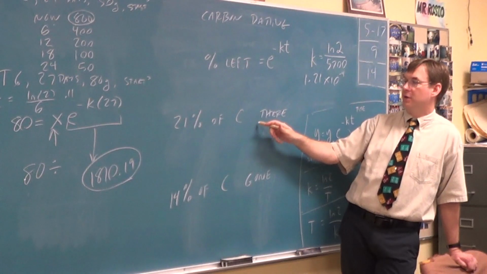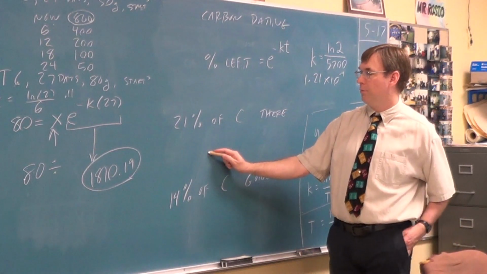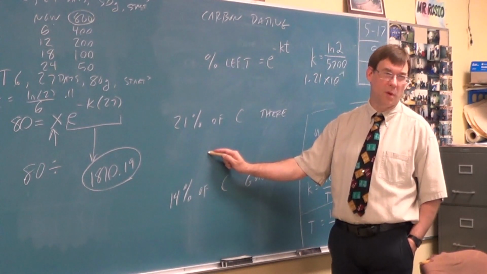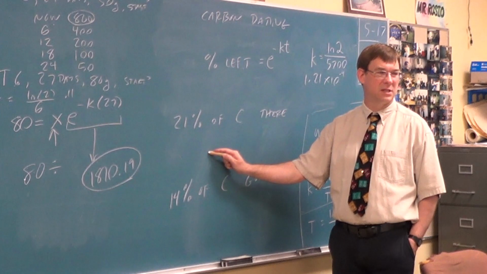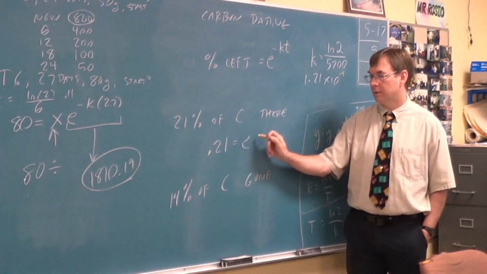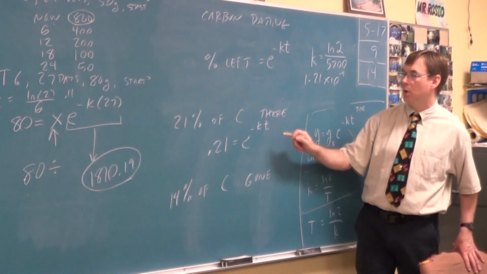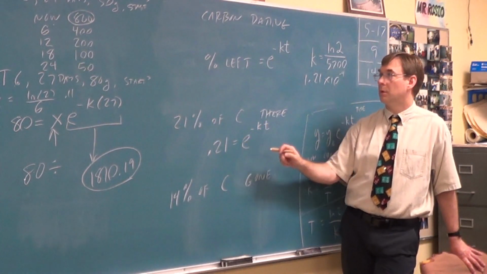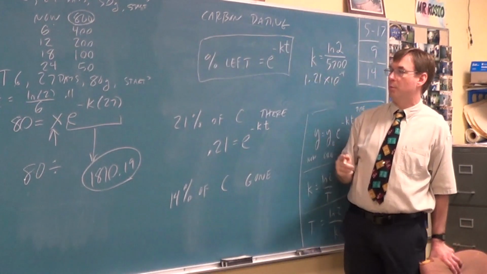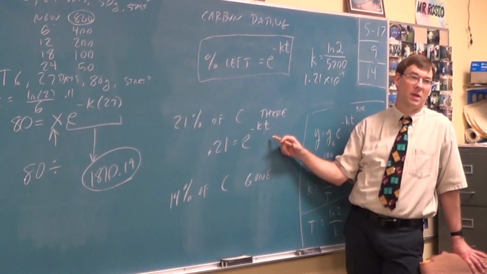So if I tell you there's 21% of the carbon still there, you'd write 0.21 equals E to the negative KT, where T is what we hunt. Here's another formula, make sure it's on your page somewhere because you'll need it. Question about setup?